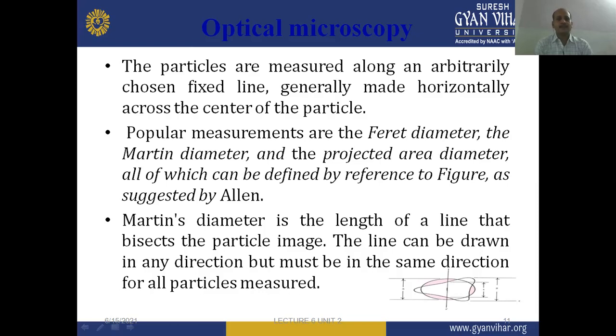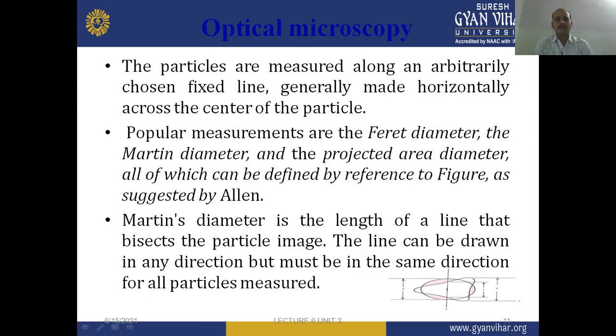Martin's diameter is the length of a line that bisects the particle image. The line can be drawn in any direction but must be in the same direction for all particles measured. So when we go through the diagram, we can find the Martin diameter. It is the length of a line that bisects the particle image, which is represented by number 1.